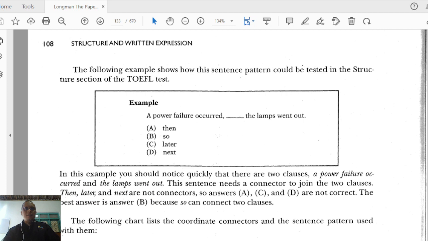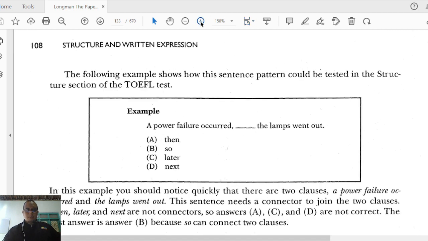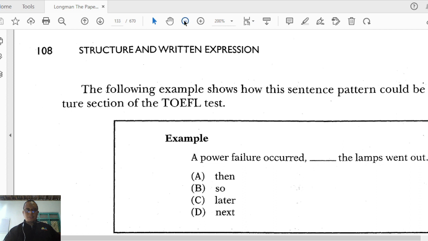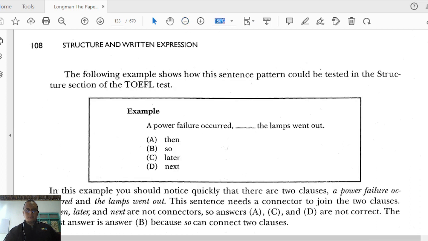Okay, so here we are in the exercise 6 now. Yeah, 6, 7, 8, 9. So the following examples show how this sentence pattern could be tested in structured TOEFL tests. Let me just enlarge it a little bit.